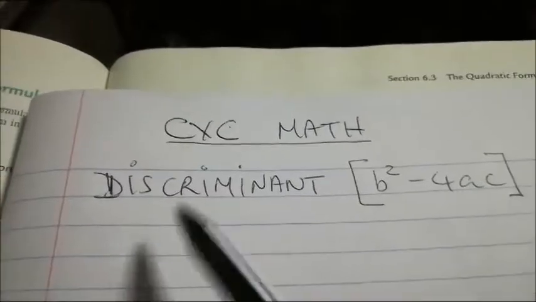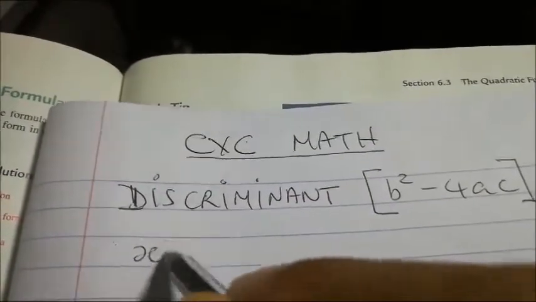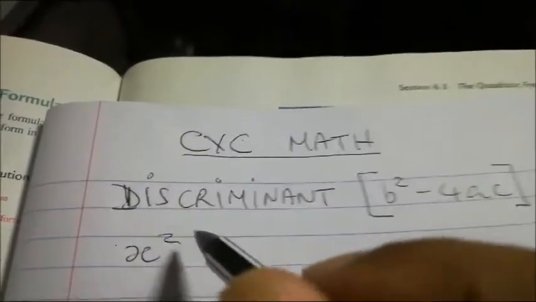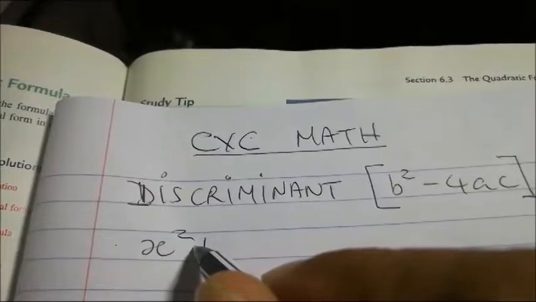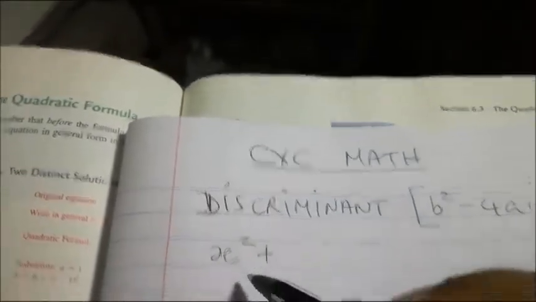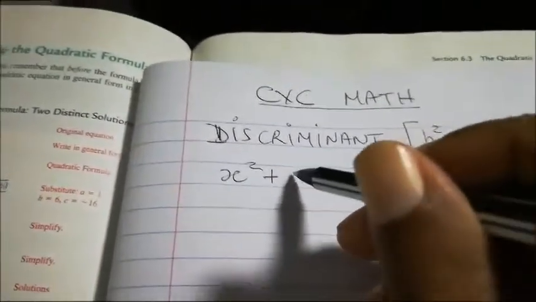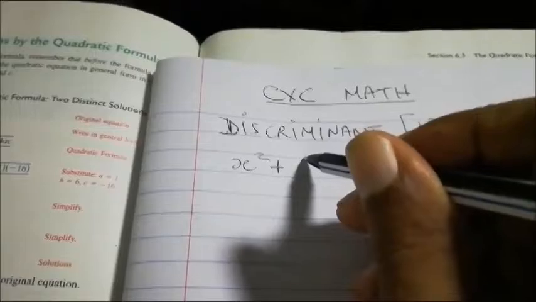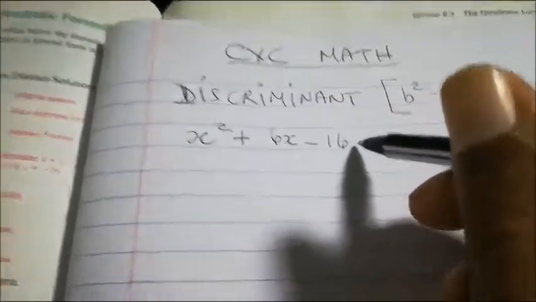So if you have a quadratic equation, let's say you have x squared plus 6x minus 16 is equal to 0.